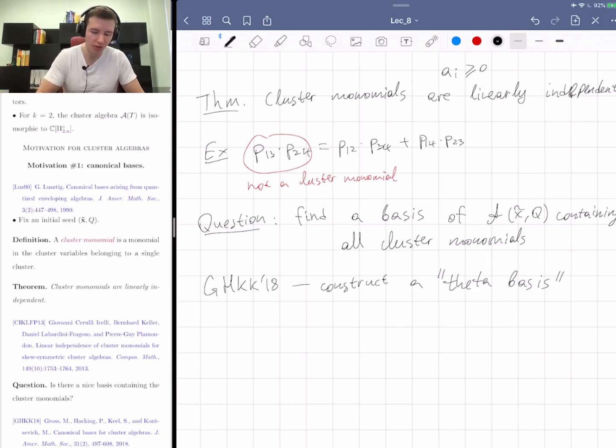Even though this was the original motivation, to this day the situation is not completely resolved. But still, historically, the motivation was to understand these canonical bases from a combinatorial point of view. And there has been a lot of research, but still the relation is not completely understood.